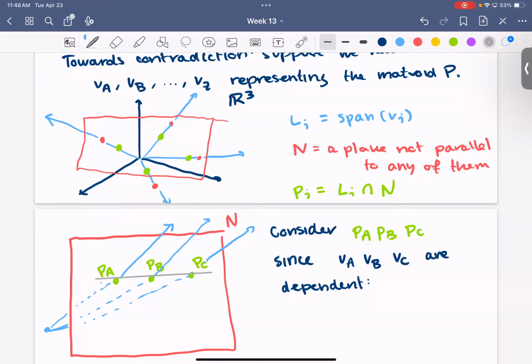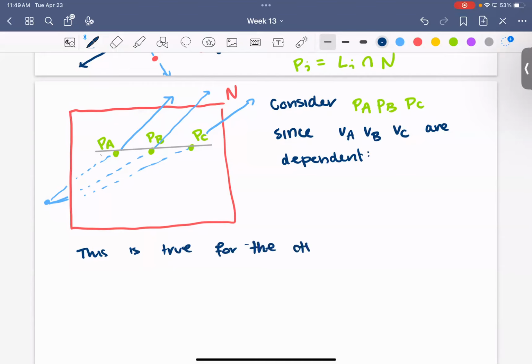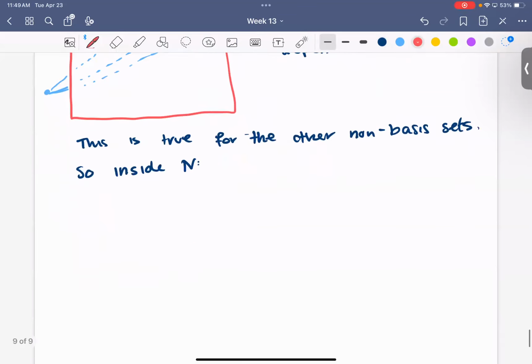And the same is true for the other non-bases. So inside of this plane N, what we see basically is the Pappus configuration. So inside N, I see this picture.